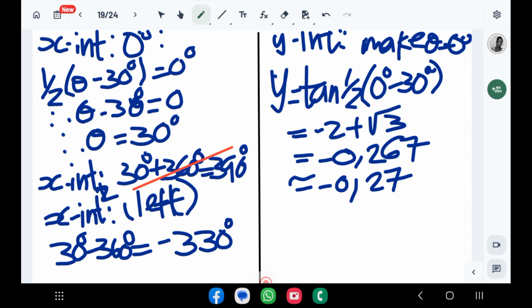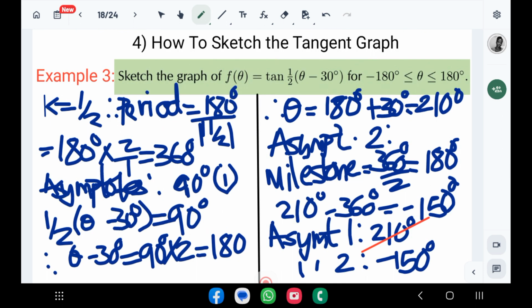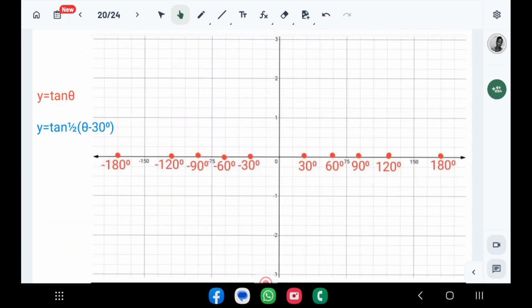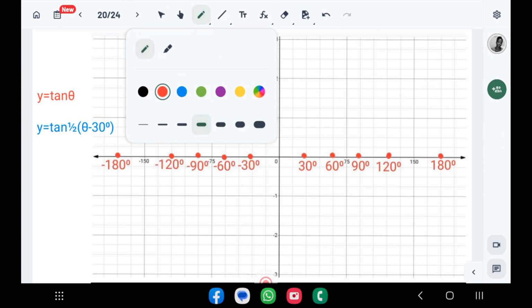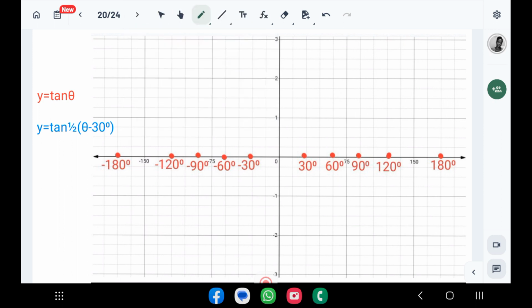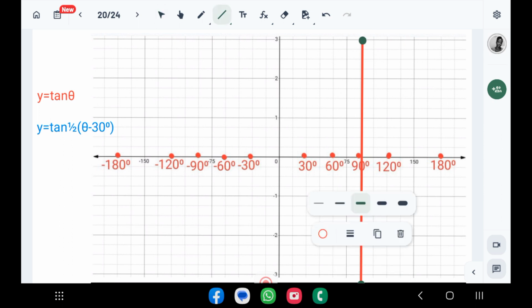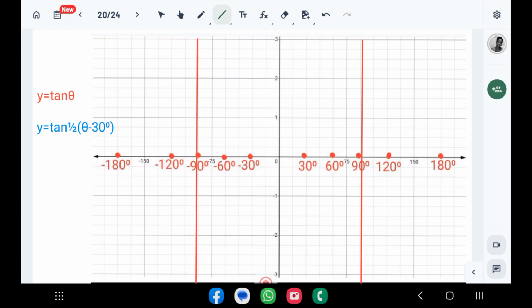Now let's see what we can draw. But before we draw this, we need to draw the standard graph of y equals tan theta between 180 and negative 180. Let's draw the red graph first, so we have something to compare it with. Our asymptote will be at 90 degrees. Duplicate, and the other one will be at negative 90 degrees.